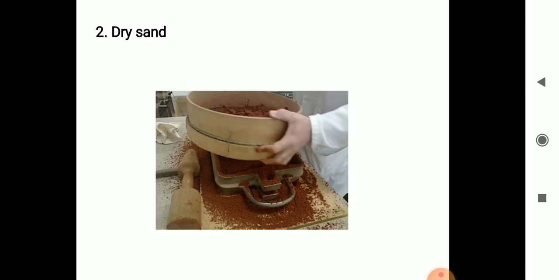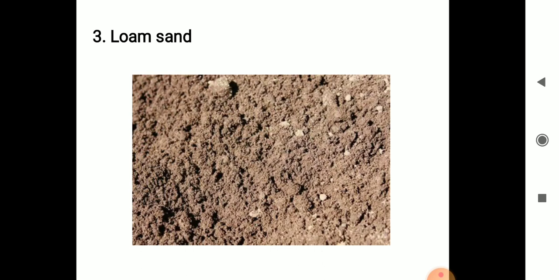Next is dry sand. See in the figure, dry sand. Dry sand is green sand that has been dried or baked after preparing the mold. Dry sand gives strength to the mold so that it can be used for larger castings. This is the dry sand. Next one is loam sand.